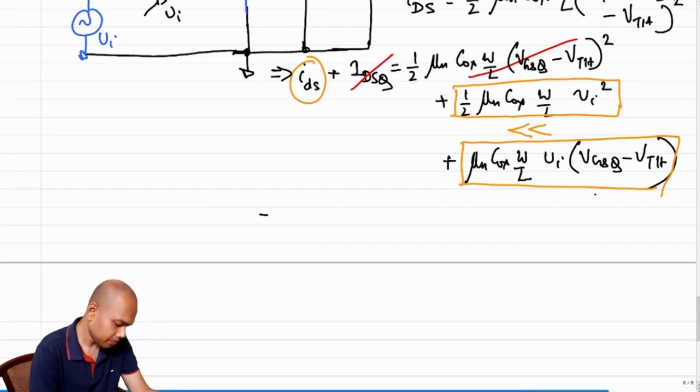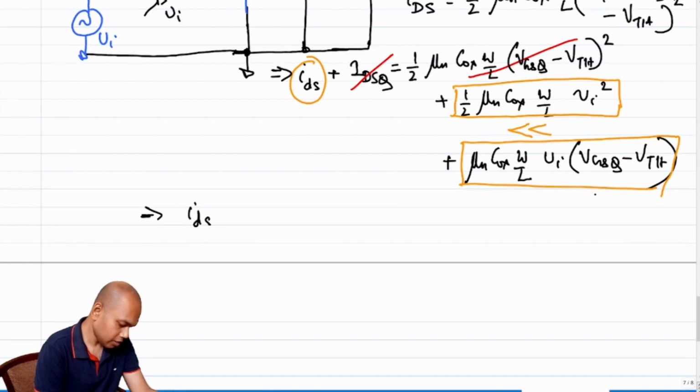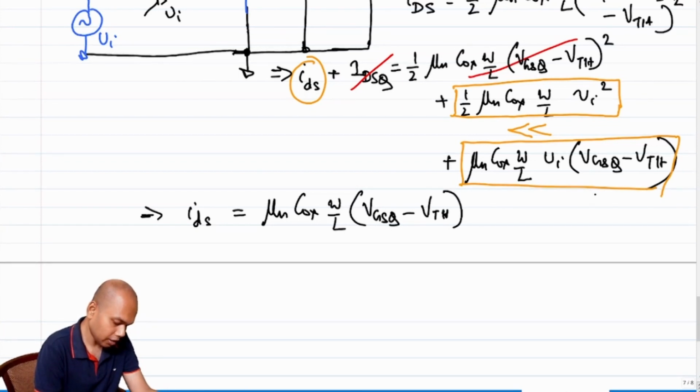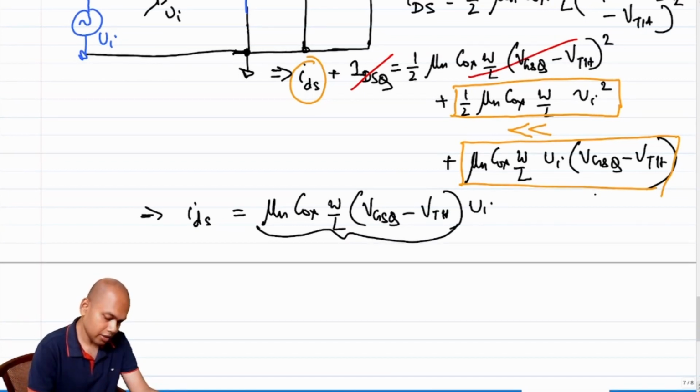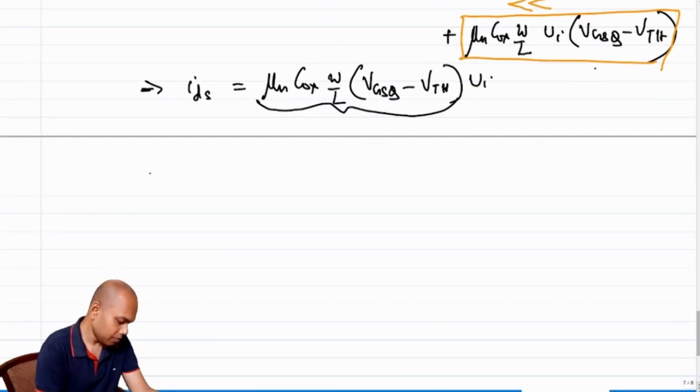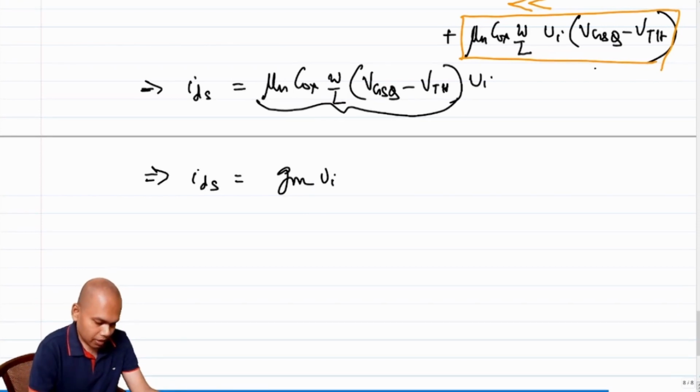We end up with IDS, that is the small signal incremental current, equal to mu n C ox W over L. Let me write this VGSQ minus threshold voltage here times Vi. And what is this notation? This is nothing but GM, which means IDS is equal to GM times Vi, right?